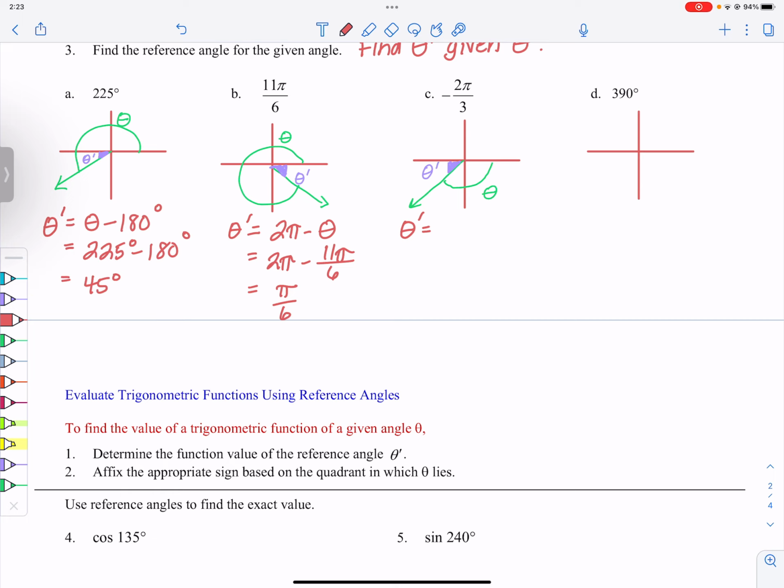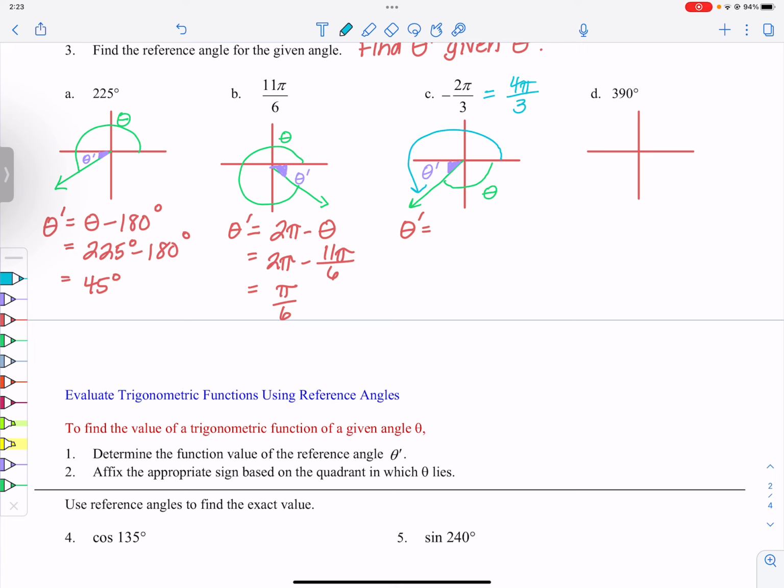I think the easiest way would be go ahead and use a different angle here. So as you can see, what do you notice? Negative 2 pi over 3 is the same as 4 pi over 3.